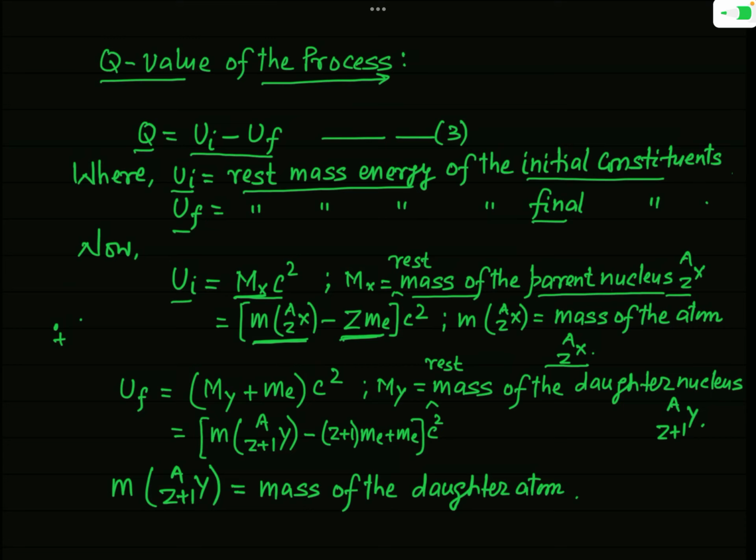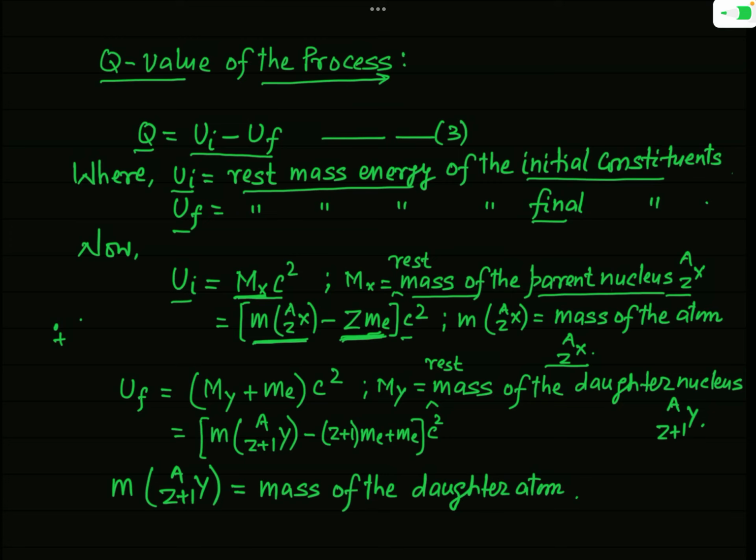Now, as in this atom there are Z protons, there will also be Z electrons, and the mass of one electron is me, so the mass of Z electrons will be Zme. So after subtracting this Zme from the atomic mass, we get the mass of the nucleus. And so Ui is simply equal to m of ZXA minus Zme times c square. This is the rest mass energy of the parent nucleus, that is, the initial constituent.